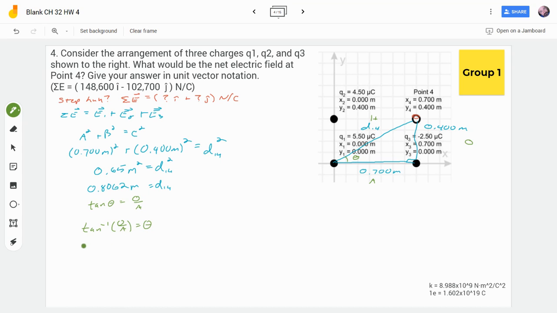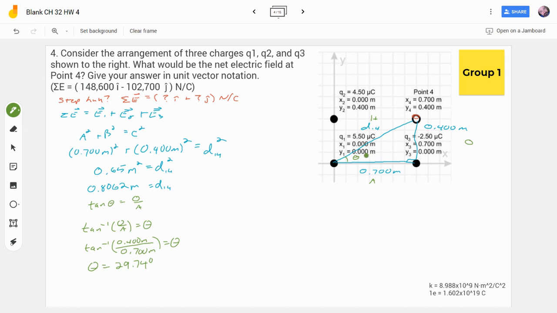So I want to ask my calculator, what is the inverse tangent of 0.4 meters divided by 0.7 meters? And that will be theta. If you do that, theta ends up being 29.74 degrees.